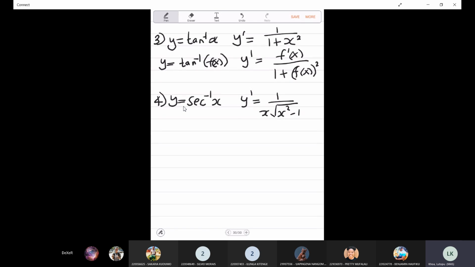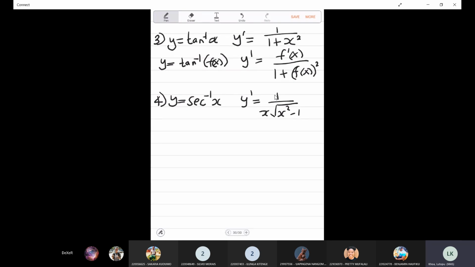So it is similar to the derivative of cos inverse, except that this one is positive. And then the 1 and the x squared are switched. With the other one, it was 1 minus x squared. Here it's x squared minus 1, and then there's an x outside. So it will be a good exercise. See if you are able to work this out in the same way I did with the other 3.